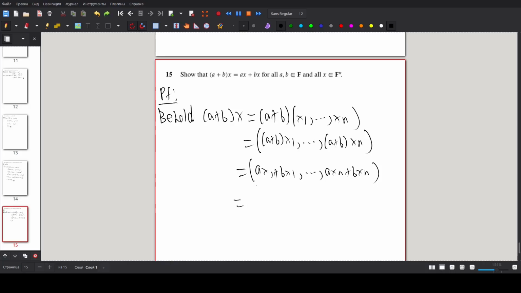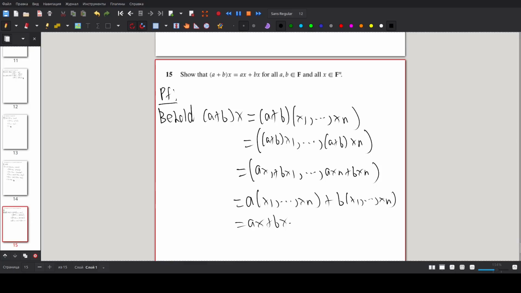I don't really want to write it out, but you can see what's going to happen. We can separate them and split those up. So basically, we're going to get (a x1, ..., a xn) plus (b x1, ..., b xn), which equals ax plus bx.